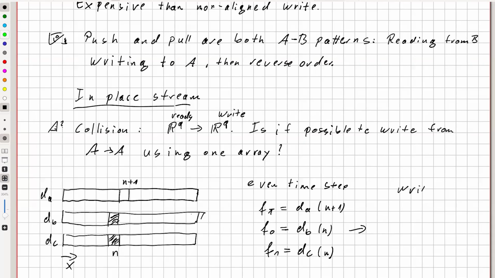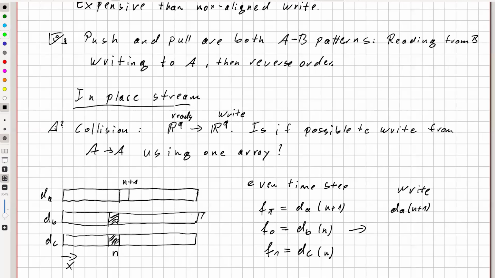We write dA at the position N plus 1. So it's important, we can only write to positions where we previously read from, right? Otherwise we would overwrite something from another node.